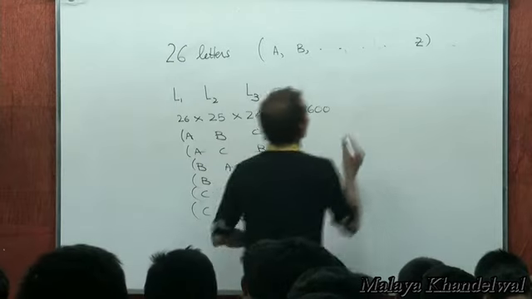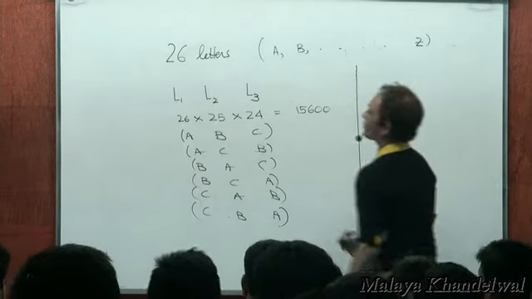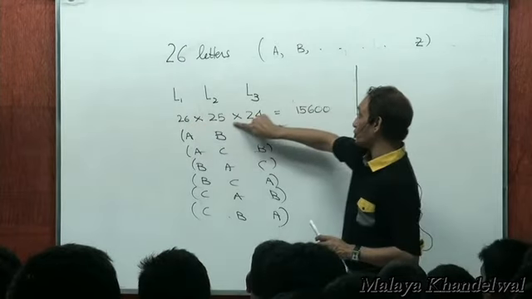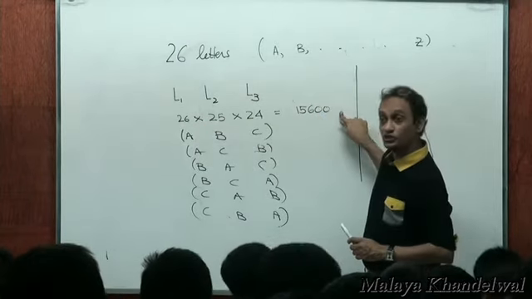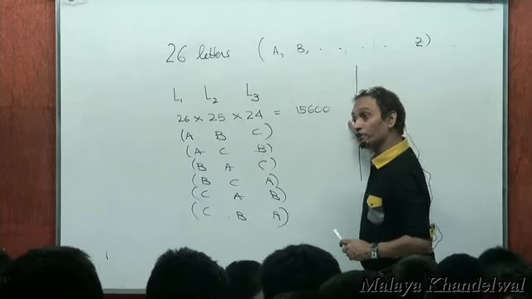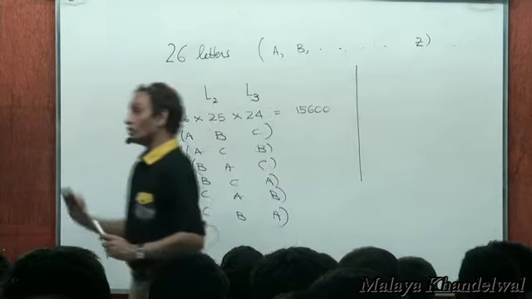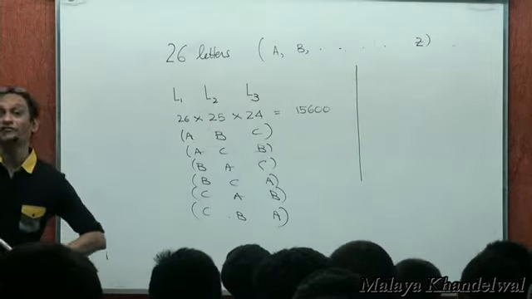Which means, we said, well, if the order was important, then the total was 15,600. And then I said, well, if the order is not important, I will have to suppress the count.